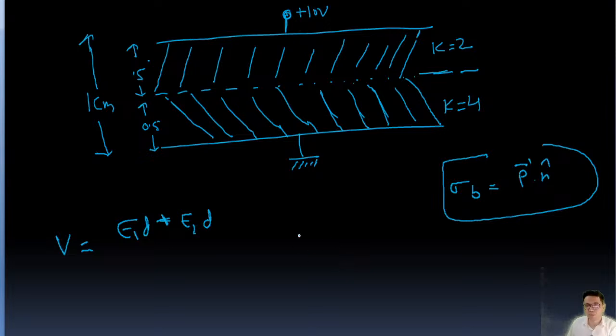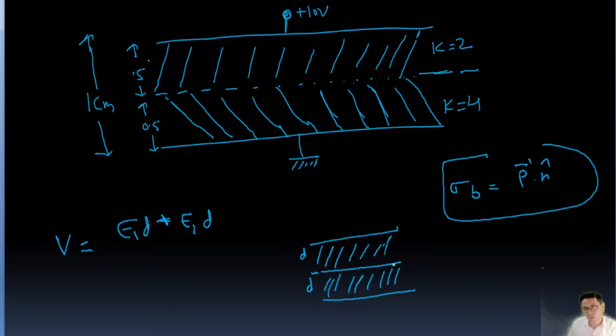I can make one figure here as well, if you want. This is D, and this is D. This is minus sigma, this is plus sigma.